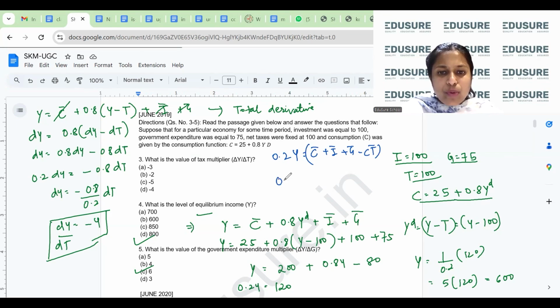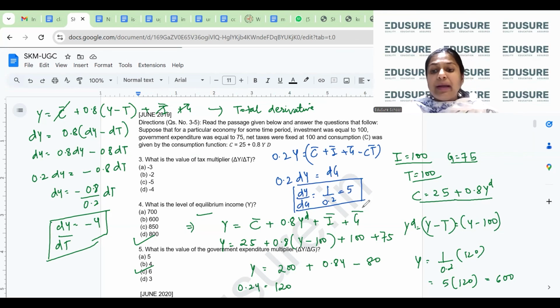Okay, so 0.2, if I need to find the multiplier, this is going to be 0.2 dY is going to be equal to dG. So dY by dG is going to be equal to 1 by 0.2, which is going to be equal to 5.